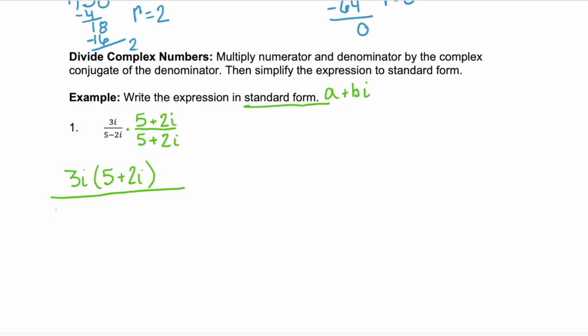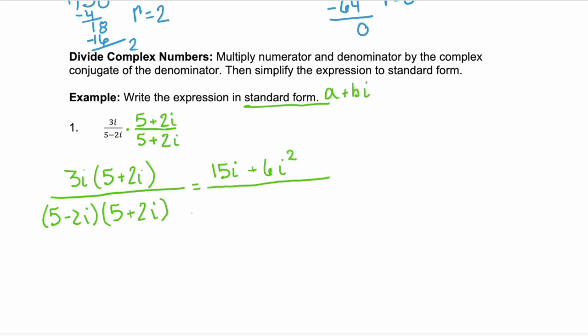And our denominator would be the binomial 5 minus 2i times the binomial 5 plus 2i. In the numerator, we just have to distribute. So 3i times 5 is 15i, and 3i times 2i is 6i squared.